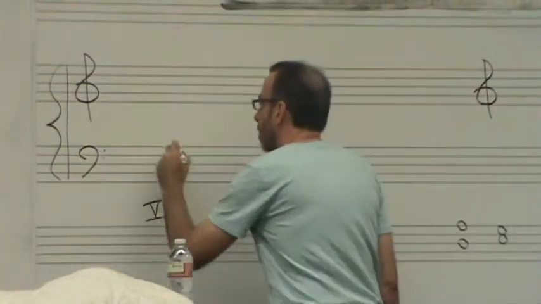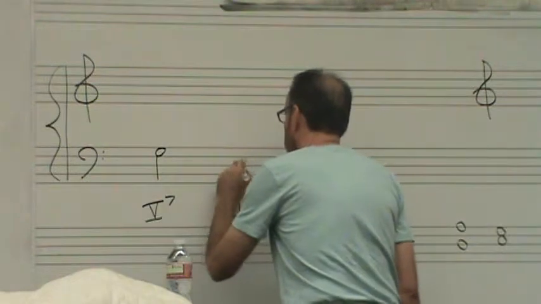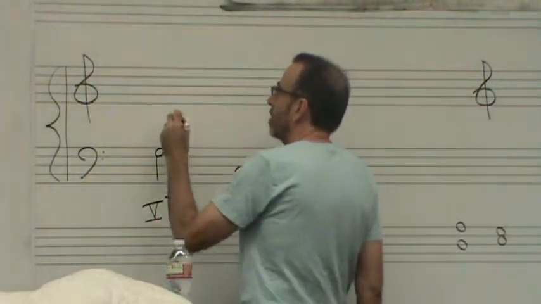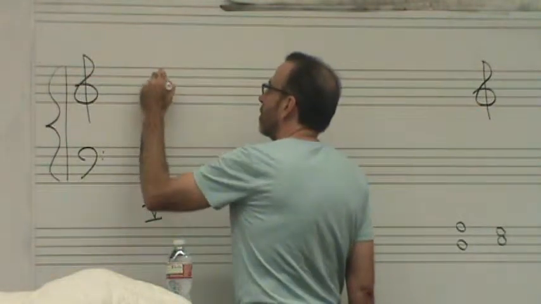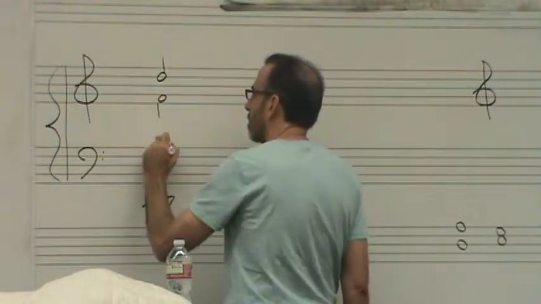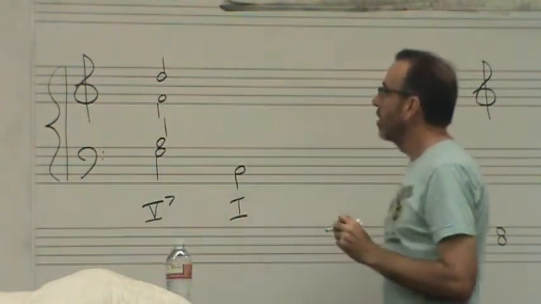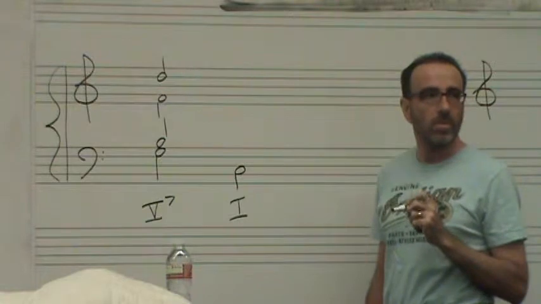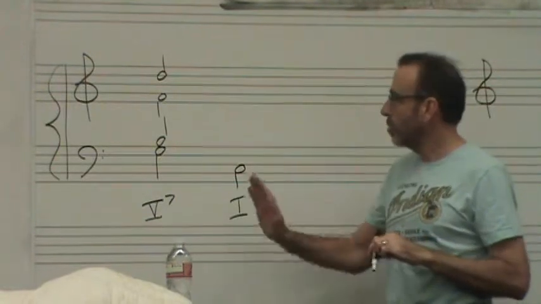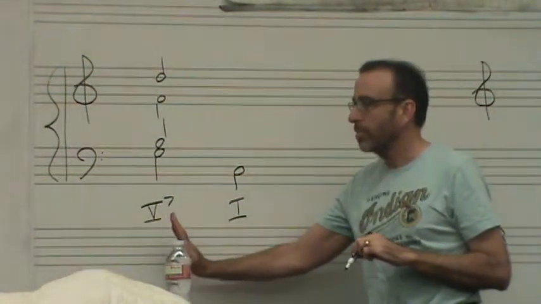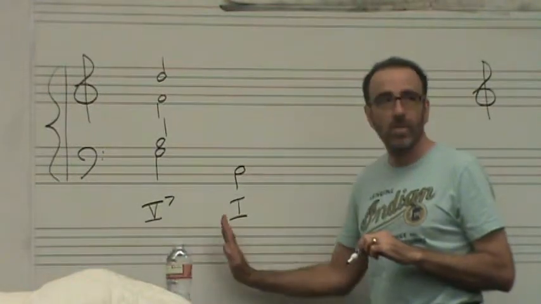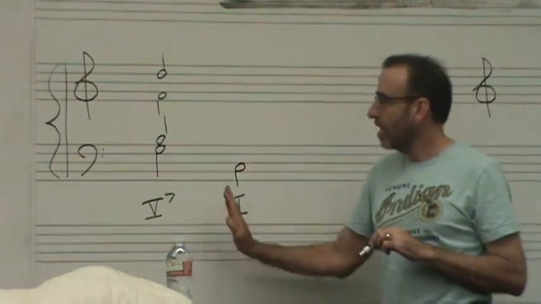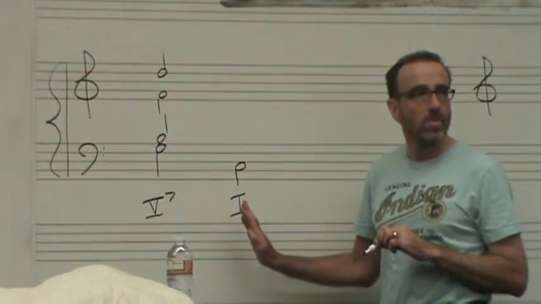So my bass is going to go like this. The first rule is that the 7th must resolve down by step. So when you're writing especially 5-7 to 1, but actually almost any kind of 7th chord, the 7th should resolve down by step.